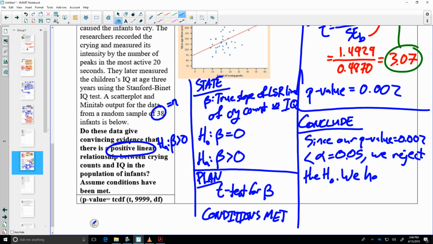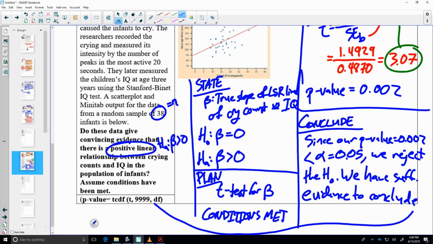We have sufficient evidence to conclude. What are we going to conclude? That there's a positive linear relationship between crying counts and IQ in the population of infants.